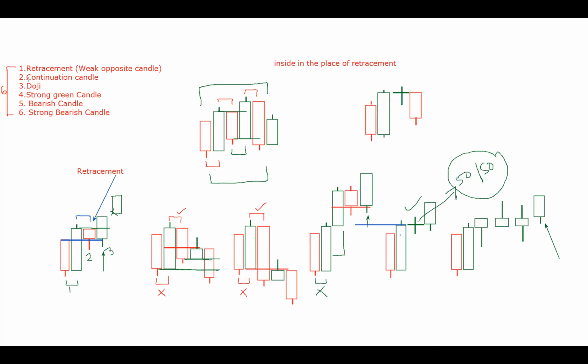So check everything in the market, study it, and think, this is the only way to read the market. If you are unable to understand or apply this method, I will teach you this method again. A second time, a third time, a fourth time I will explain, because this is the base.